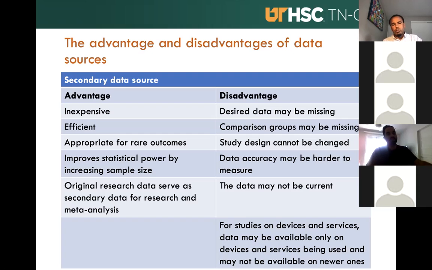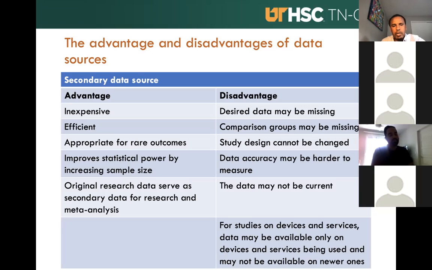The data has already been collected, and we don't spend time on this. So it's time efficient, and cost-wise also very efficient. And it's very appropriate for rare outcomes because the outcome has already happened, and we don't have to wait for years until the outcomes are ascertained.